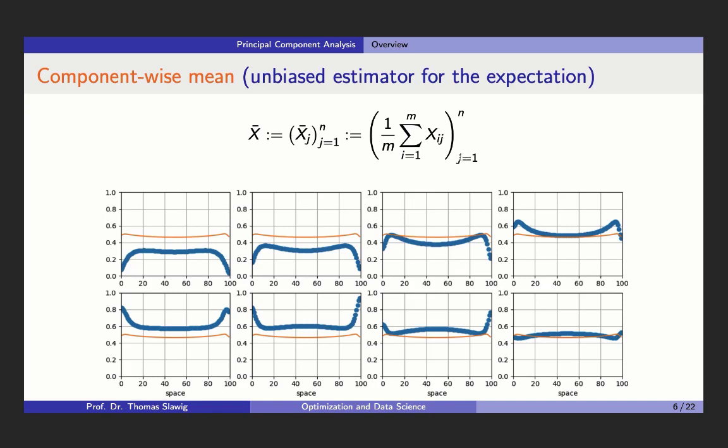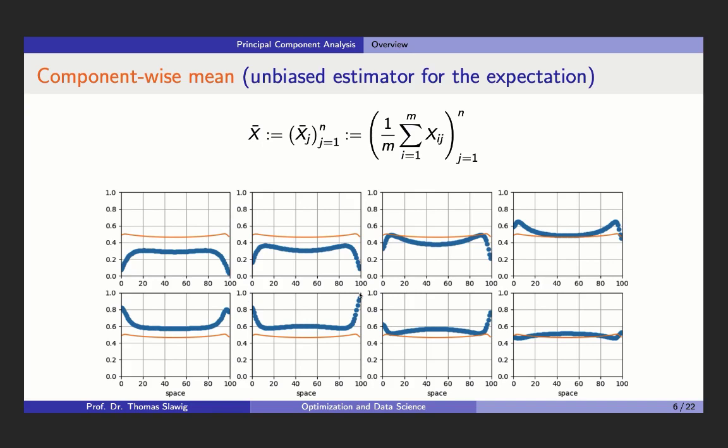This would be the j, so I can look at the mean of the 8 data sets that I have, computing the mean for every component separately. Then I can combine these means over the 8 data sets again to a vector, and I get here this orange line, which gives the mean value component-wise or element-wise of these spatial points.